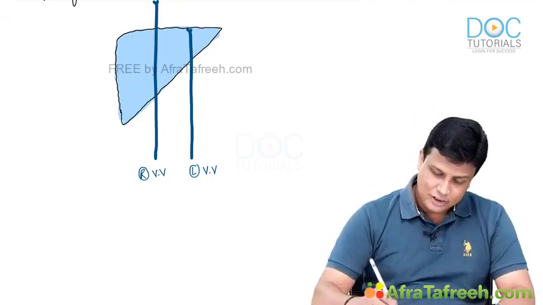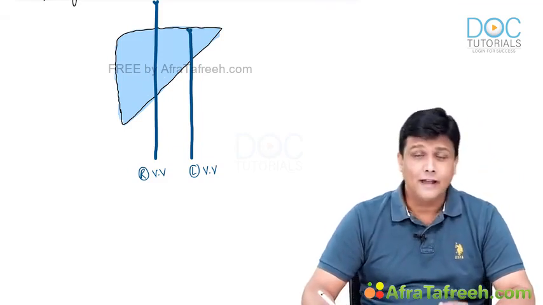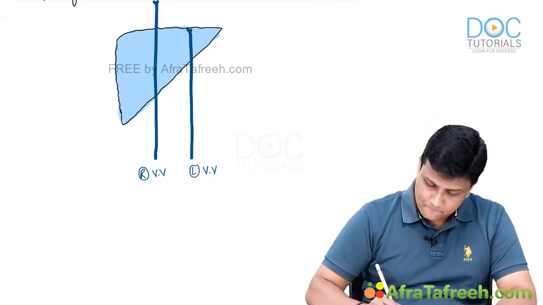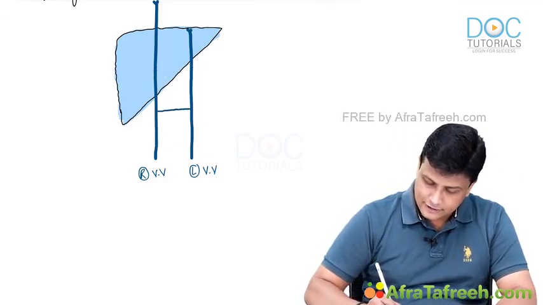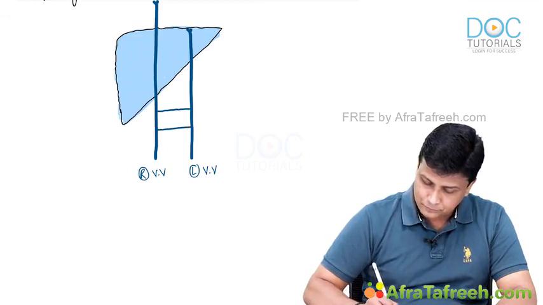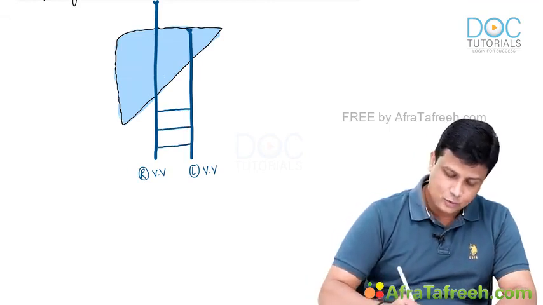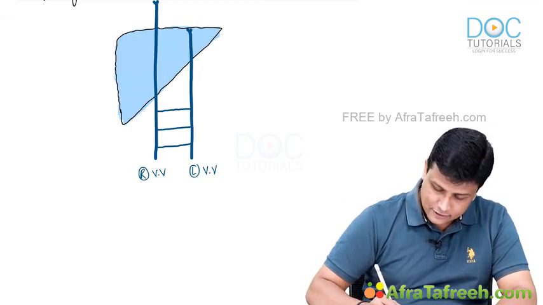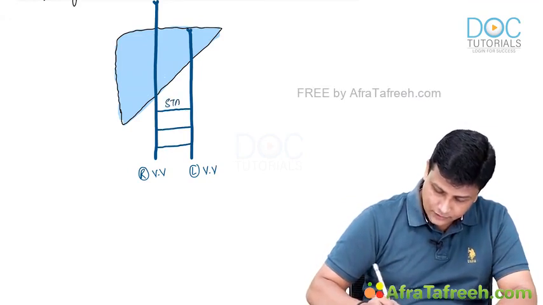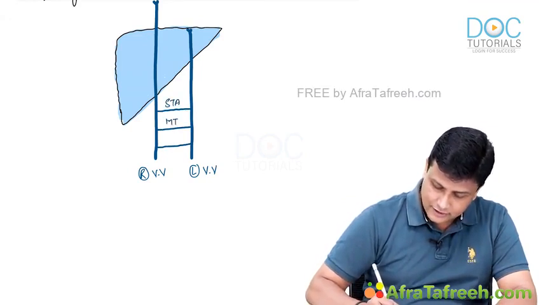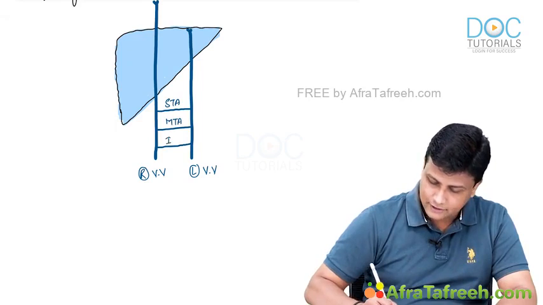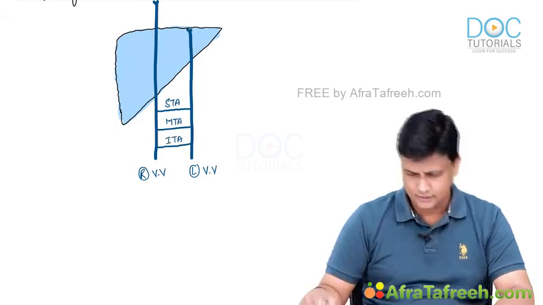Now between these two vitelline veins, there will be formation of anastomosis. There will be transverse anastomoses formed between them. One will be the superior transverse anastomosis, then the middle transverse anastomosis, and then the inferior transverse anastomosis.